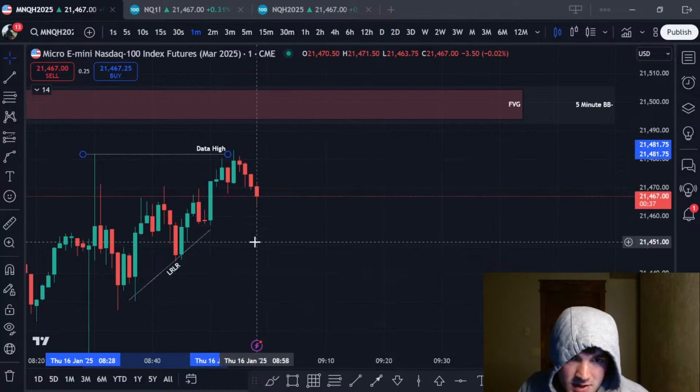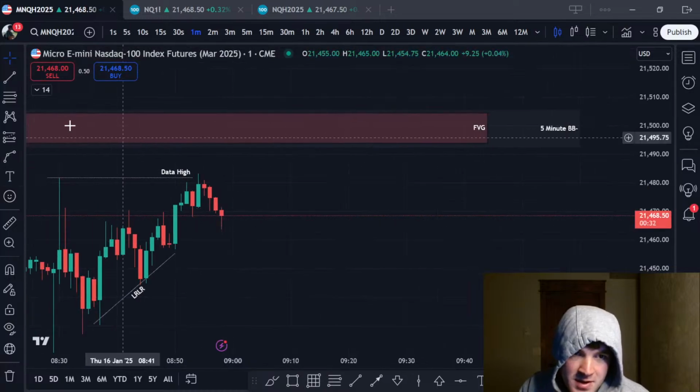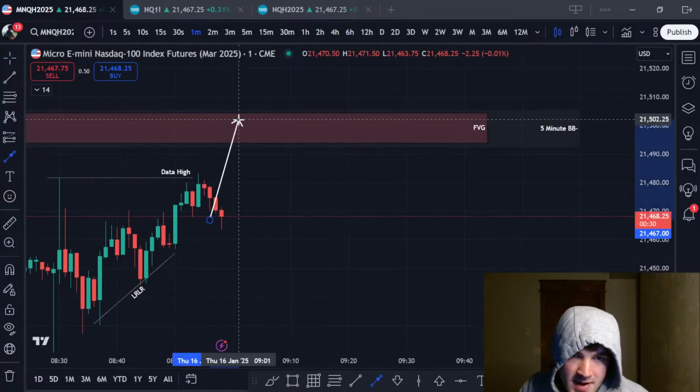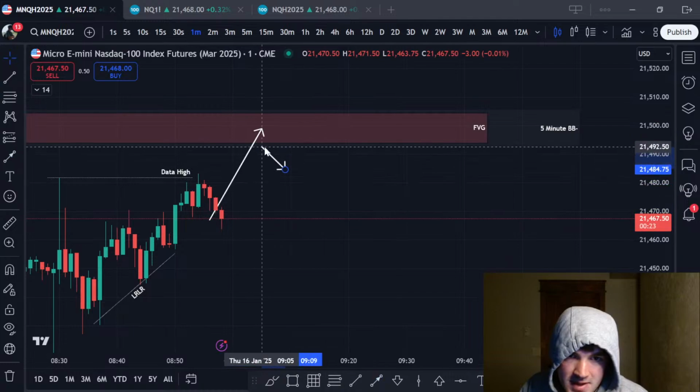Now, we could just go straight down and inverse this, but I would prefer us to pop into this breaker fair value gap and do something like this.